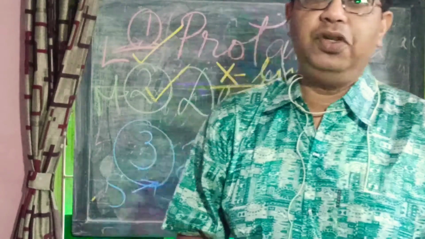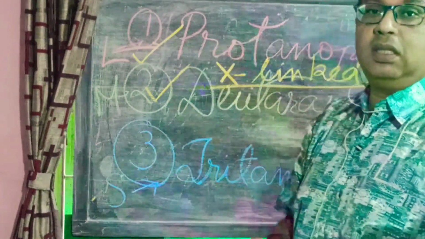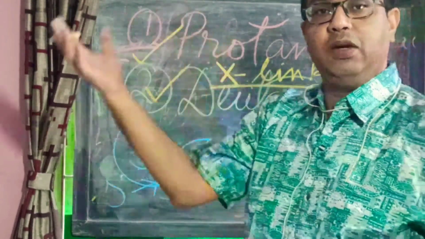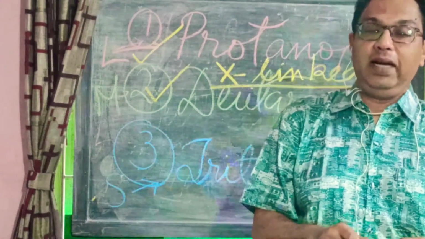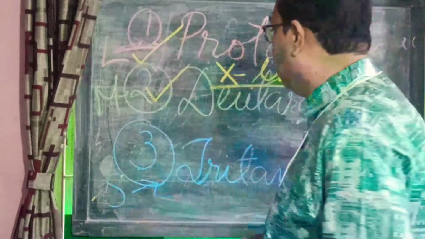So if that is deficient, then they will express the disorder. Females carrying two X chromosomes, even if one of them is defective, the other will make up for it. Therefore, it is said that females are the carriers for color blindness, but the males are the sufferers.